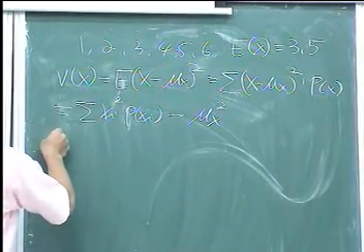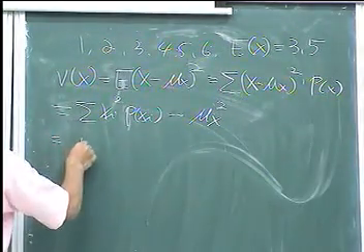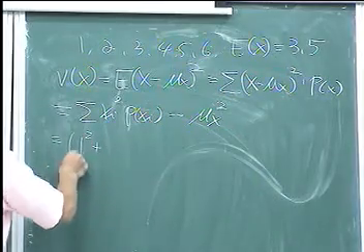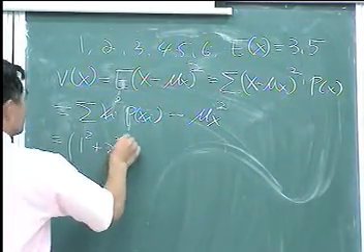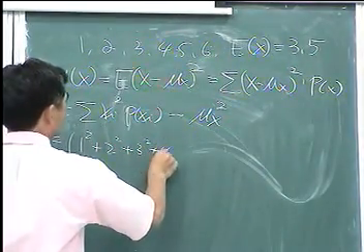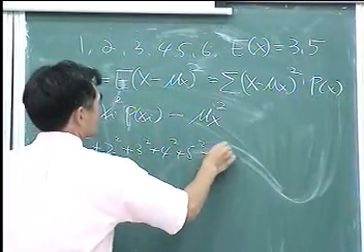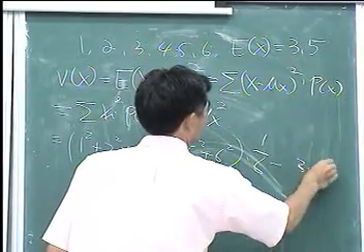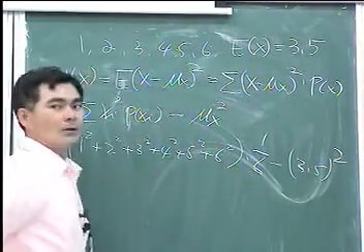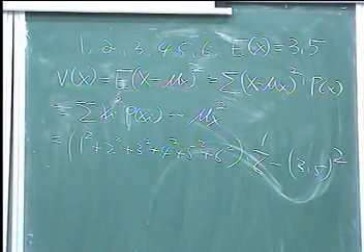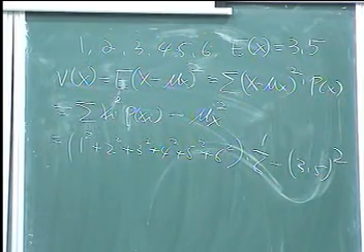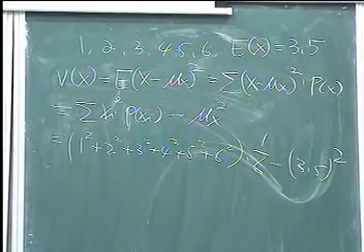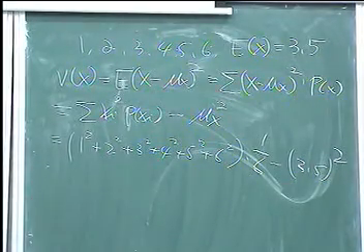So in this case, this will be 1 squared plus 2 squared plus 3 squared plus 4 squared plus 5 squared plus 6 squared, times 1/6, minus 3.5 squared. So basically, if you know the formula, you should be able to do it. In this case, I won't do that for you. You've got a calculator, you should be able to figure that out.